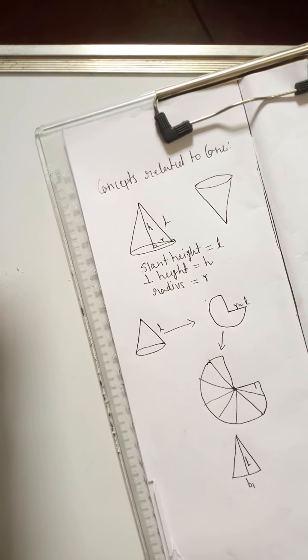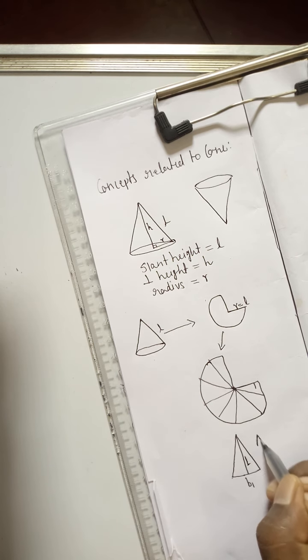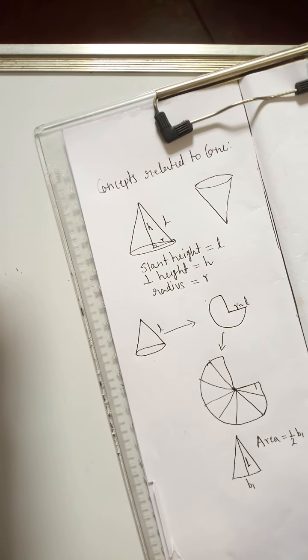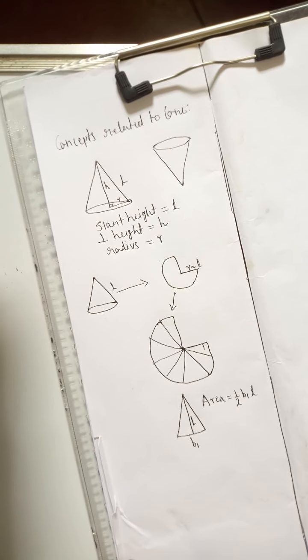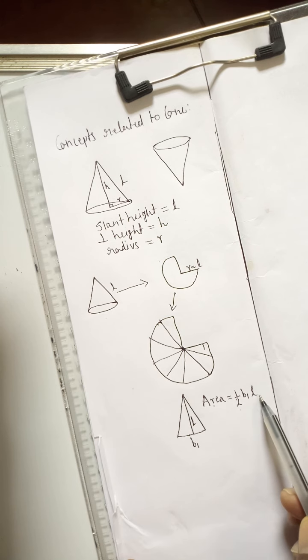Now let's talk about the area of this one. Area equals half into its base, that is B1, and its height is l. I repeat, this is the area of one piece, where we got the area as half B1 l.